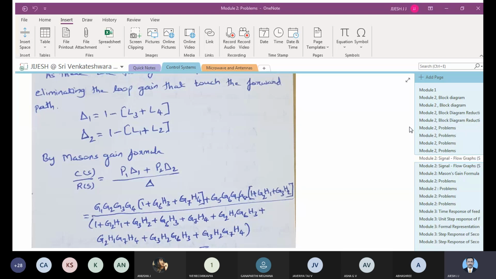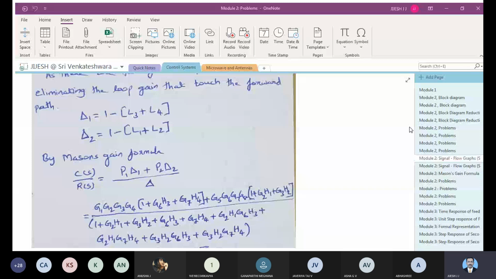Signal flow graph representation is a graphical representation of the entire block representation, or whichever system is there in front of you, and it has two main things. One is called the branches, another is called the nodes.